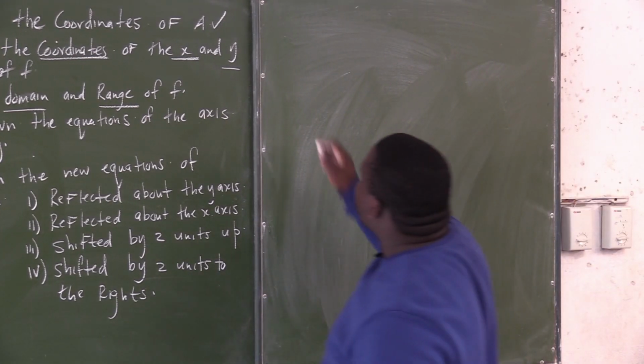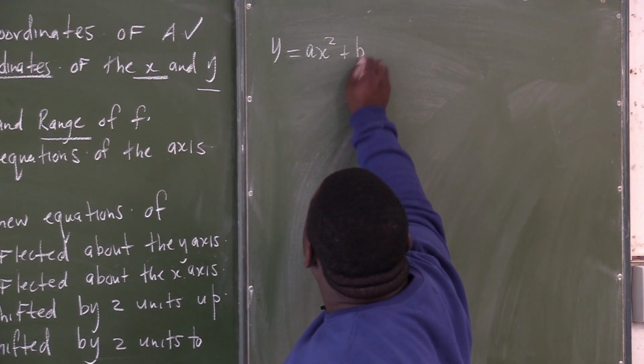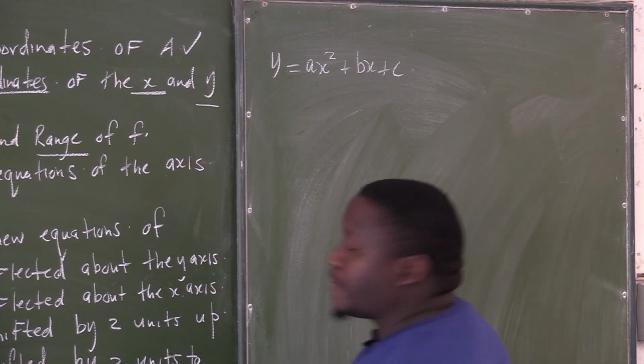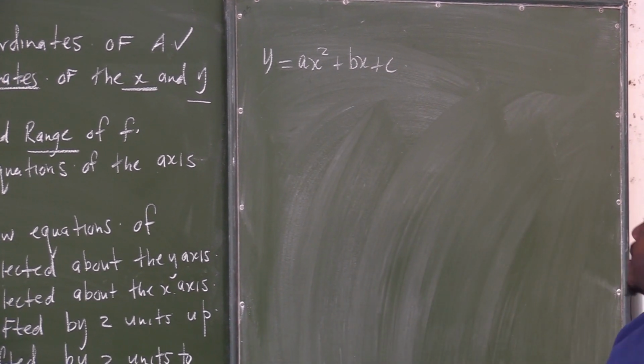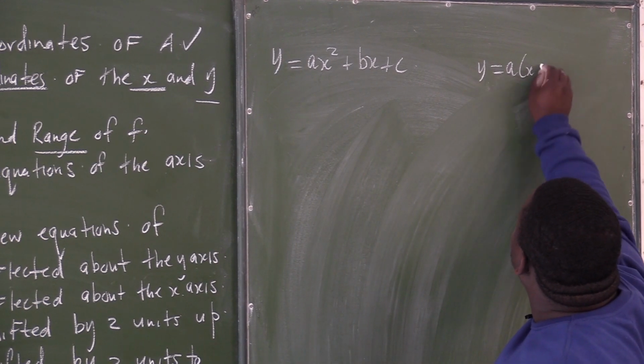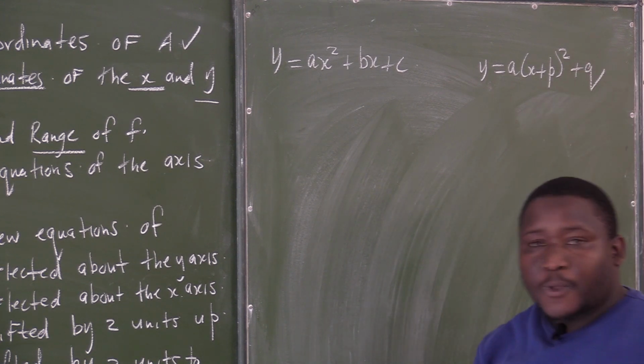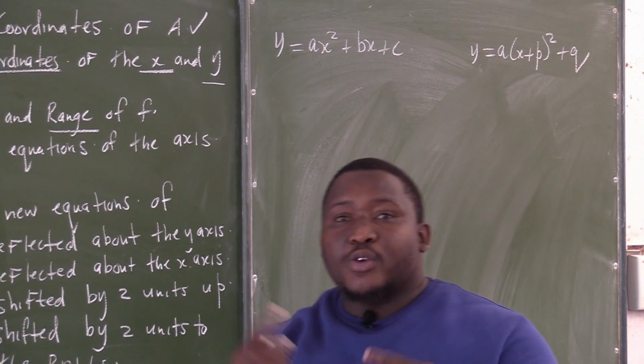There is this form which says y is equal to ax squared plus bx plus c. And there's another standard form which says y equals a into x plus p all squared plus q. You need to understand both of these.